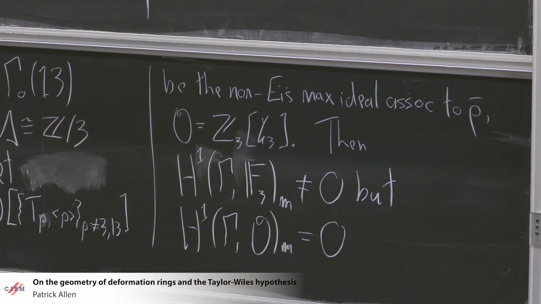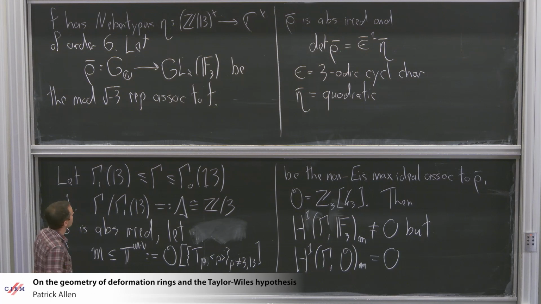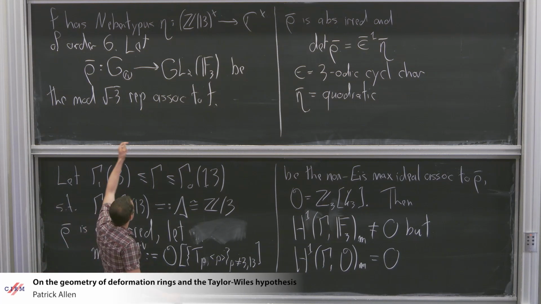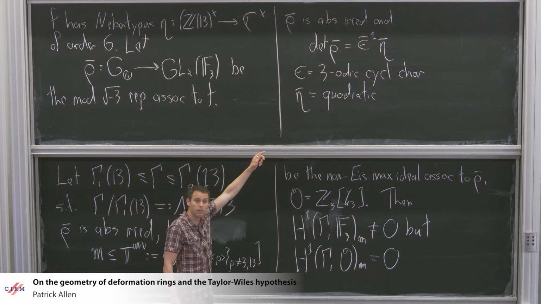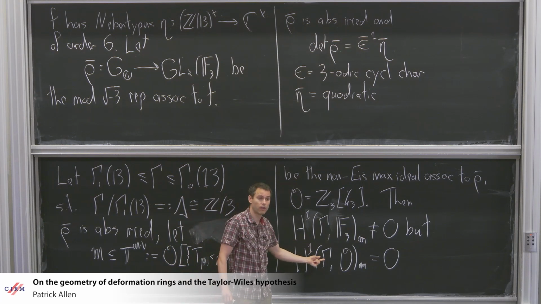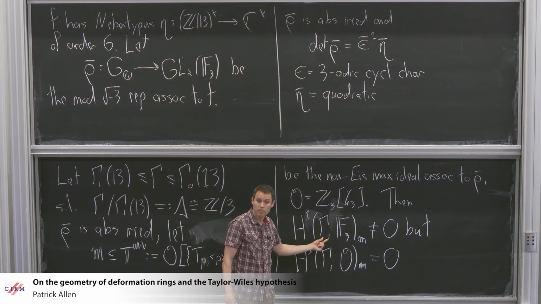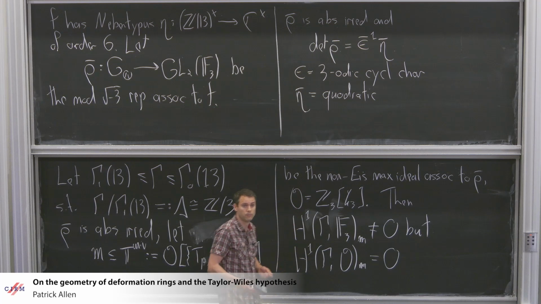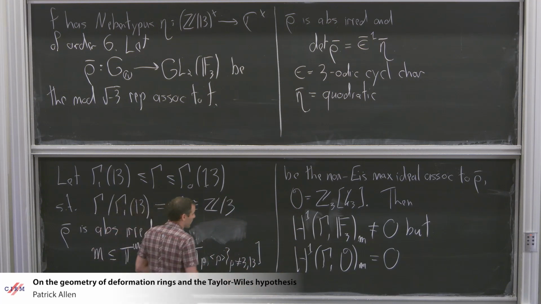Okay? This is the result that you get from this, by the fact that you have a mod 3 modular form with this quadratic Neben typus, so it's associated to this group, right? But you don't have one in characteristic 0. Okay?